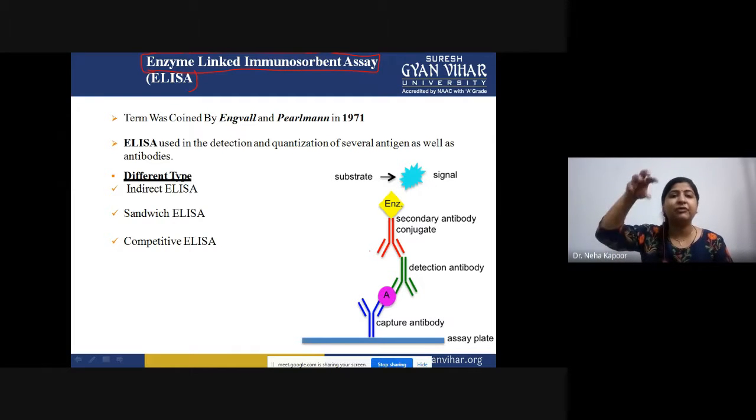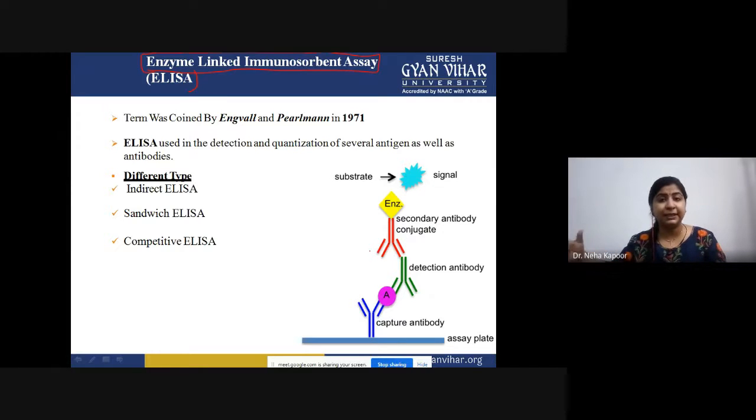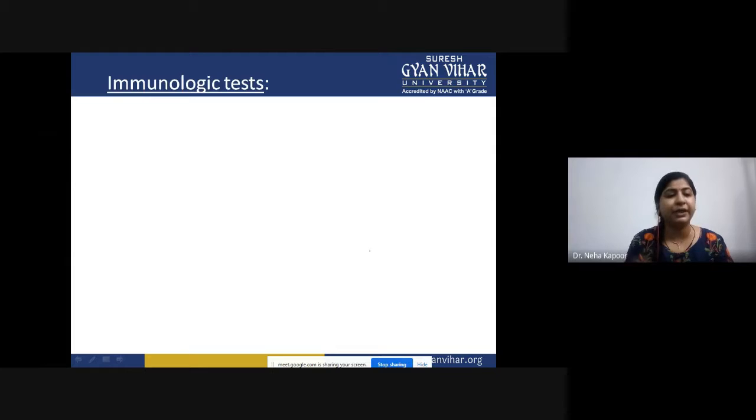When this secondary antibody conjugate binds to the already prepared antigen antibody complex, it will impart a certain signal in the presence of substrate, by color formation or by the formation of some specific products. All of these things can then be detected to quantify that antigen.